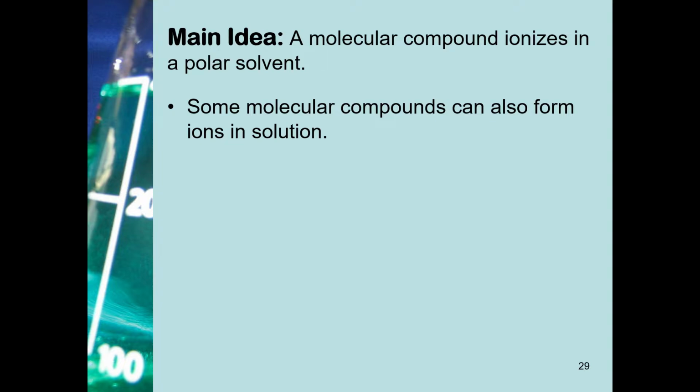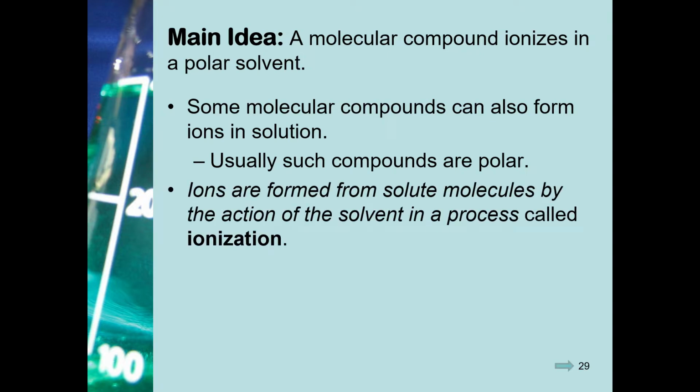So some molecular compounds can also form ions in solution, and usually these compounds are polar. And when this happens, the ions formed from a solute molecule by the action of the solvent is called ionization. So we're using a different word if we start out with a molecule and then form ions than we did for an ionic compound that just separated to form ions. This is ionization.